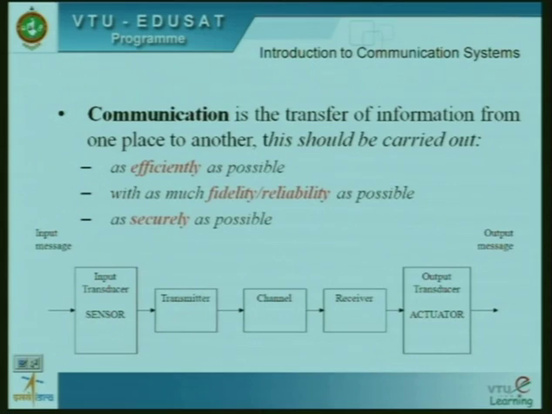The sensor and the transmitter are the blocks on the source side. The transmitter takes the signal coming out from the sensor and does all the processing such that the signal is ready for transmission, and the parameters of the signal are compatible as per the channel requirements.